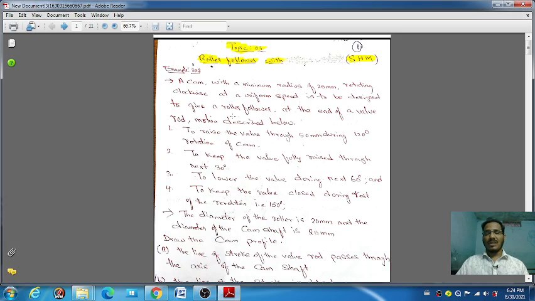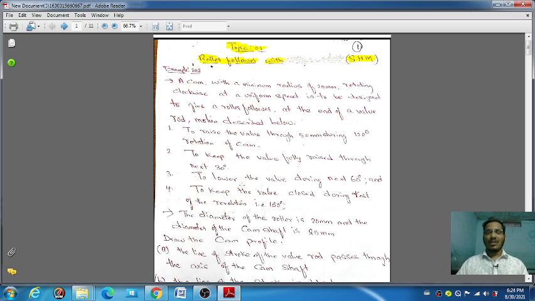The cam is designed for the roller follower to move in the up and down direction, as per the requirement. Some description of the valve rod motion is given here. First, raise the valve through 50 mm during 120 degree rotation of the cam.